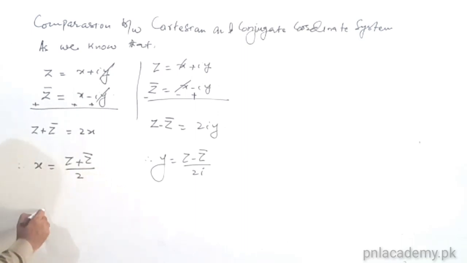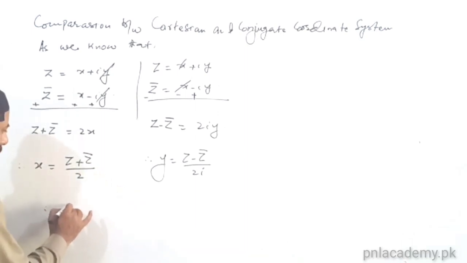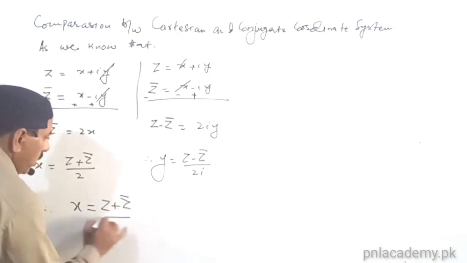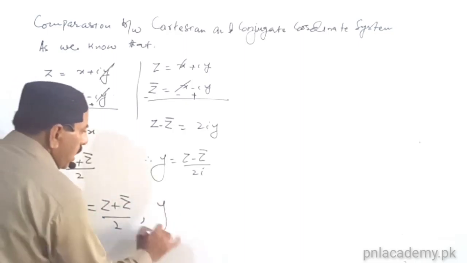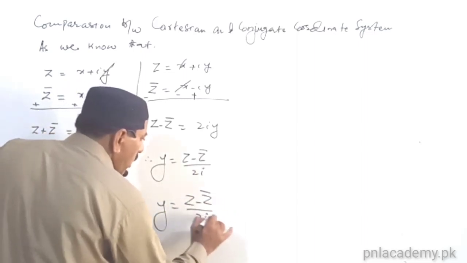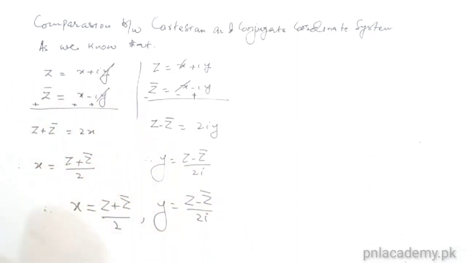So therefore, x is equal to z plus z bar upon 2 and y is equal to z minus z bar upon 2 iota, which also can be the MCQ.